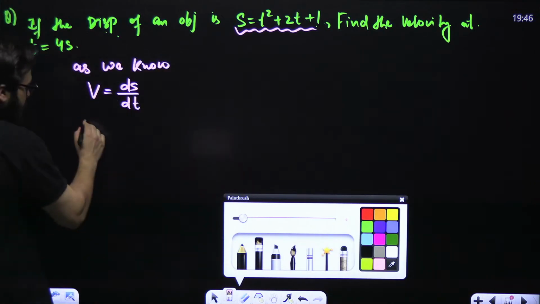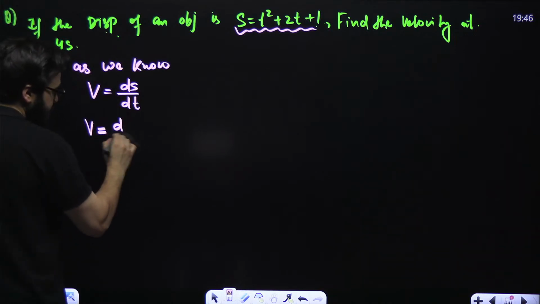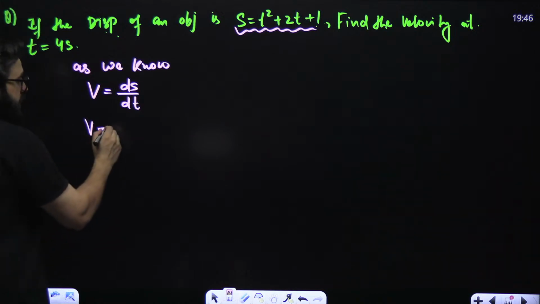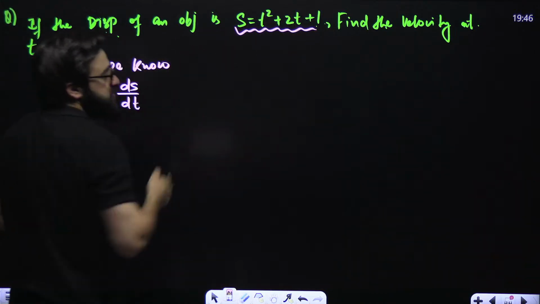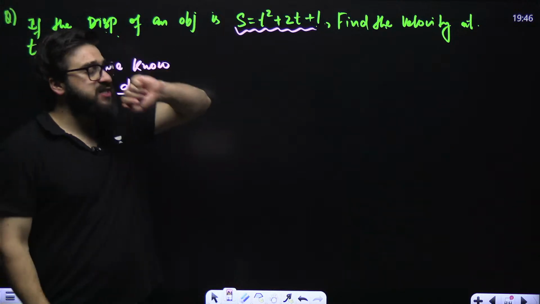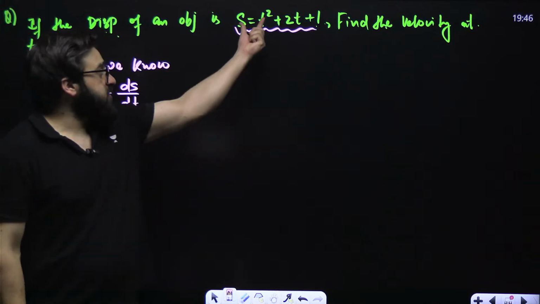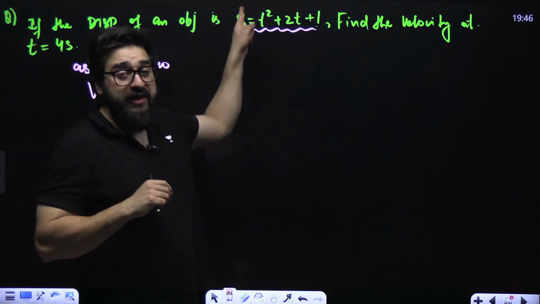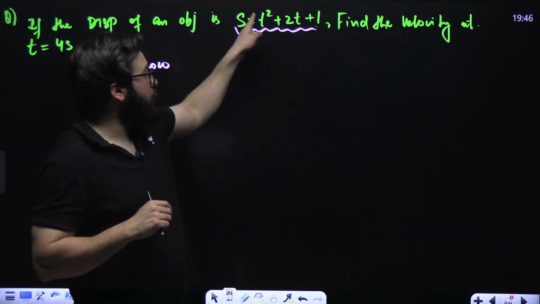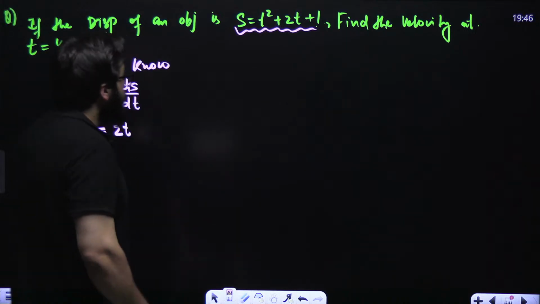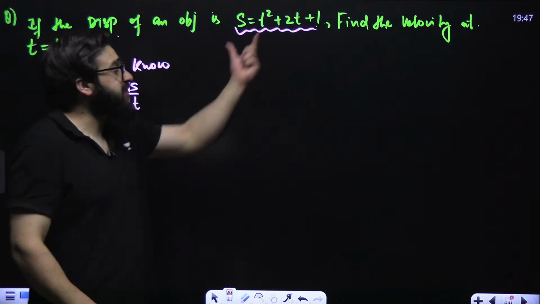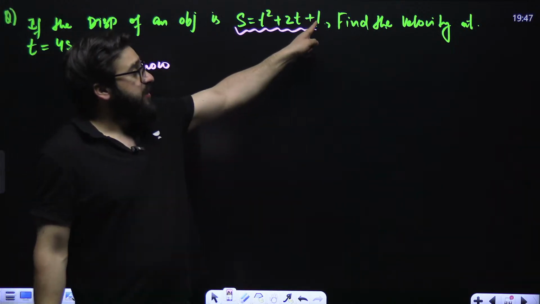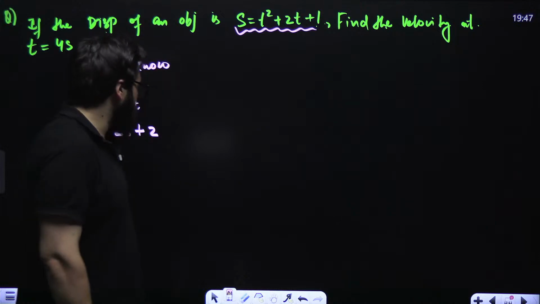So v is equal to d by dt of this s. Now, what is the differentiation of this? Differentiation of t square will be simply 2t. How? Power comes down, power minus 1. So 2 down, 2 minus 1 is 1. Then plus differentiation of 2t is 2. Then plus differentiation of constant is 0.